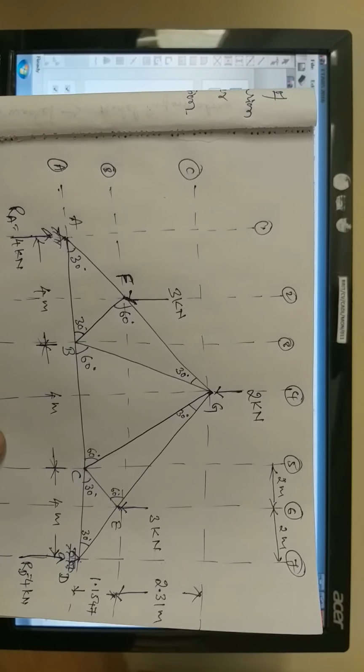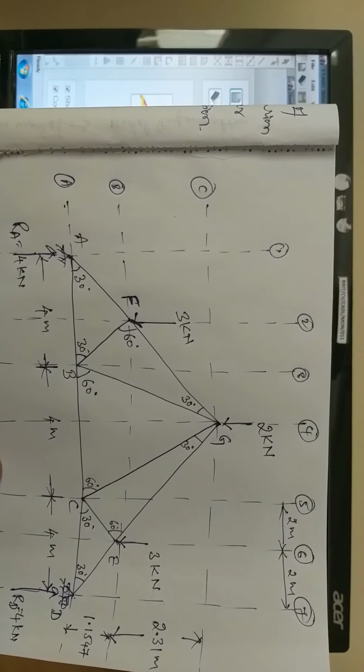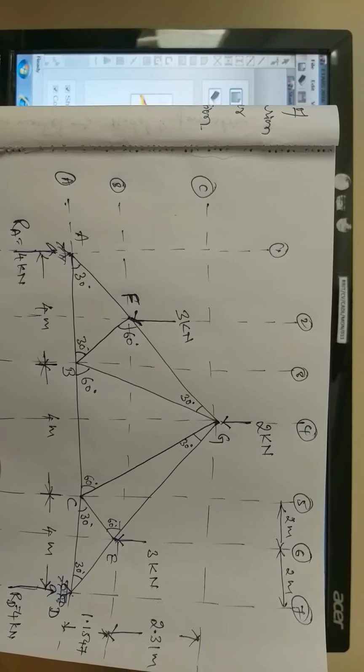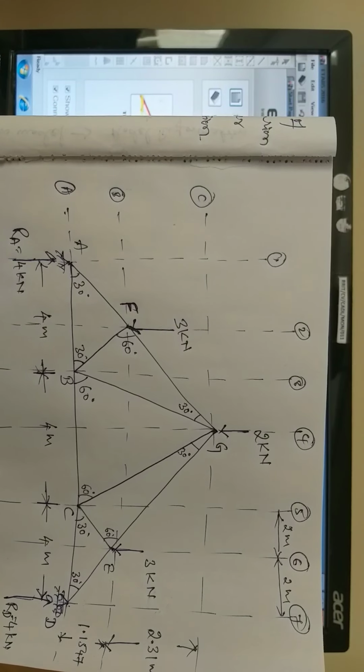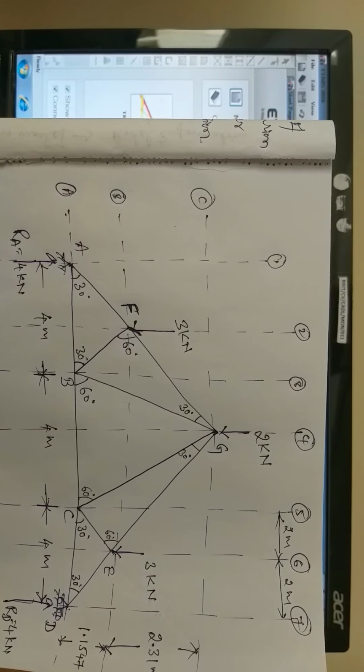This is the truss that I am going to consider. The AB member is 4 meter, BC member is also 4 meter, CD is 4 meter, and at the joints F, G and E, the loads are acting.